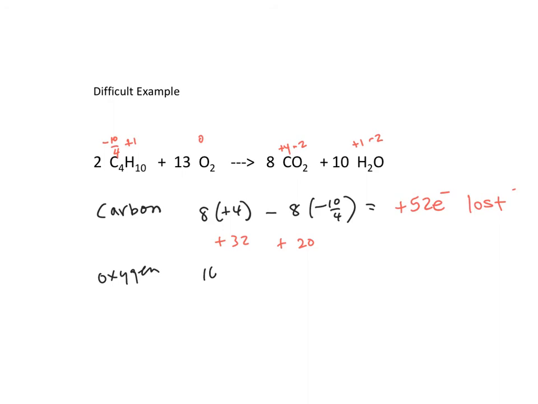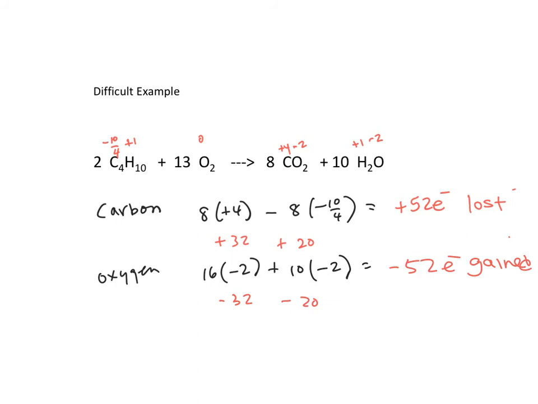So you have 16 times -2, and then you got to add the oxygen for the water here. So you got 1 oxygen. Each one is -2, but you have 10 of them. So this is going to be 10 times -2. And for this one, you got -32 and -20. So that's going to equal -52 electrons gained.